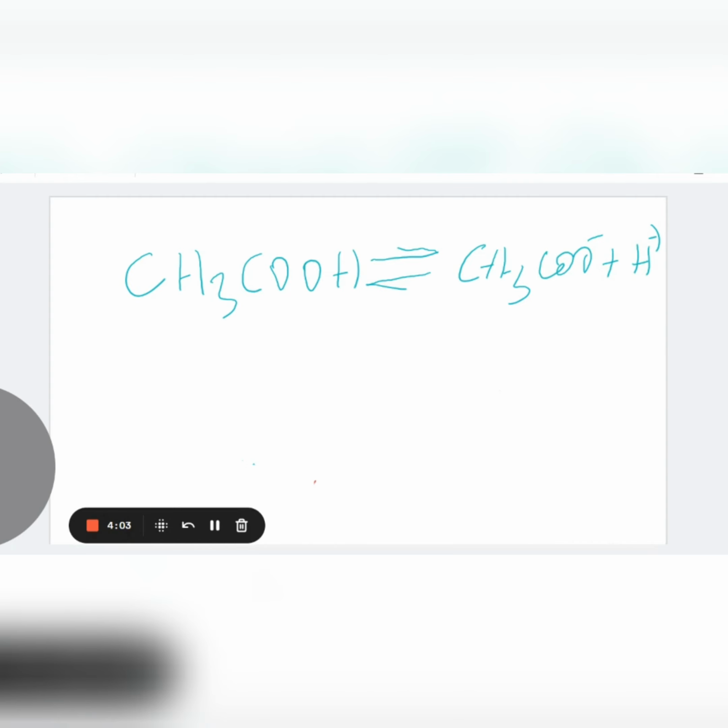So this is a weak acid. The question now is, what's the concentration of the H plus ion? Let's say you start with 0.1 molar of ethanoic acid. Now, because of the nature of this reaction, you can't say for certain that the concentration of the acid over here is 0.1 molar because it's a weak acid.